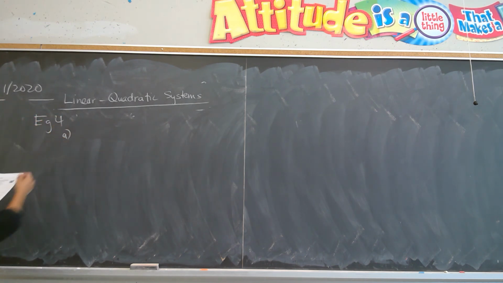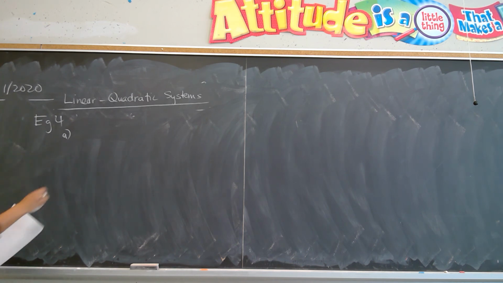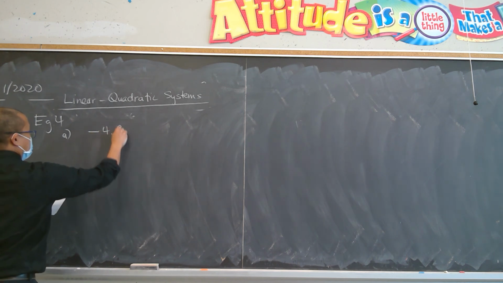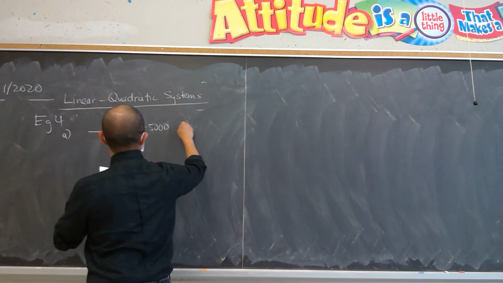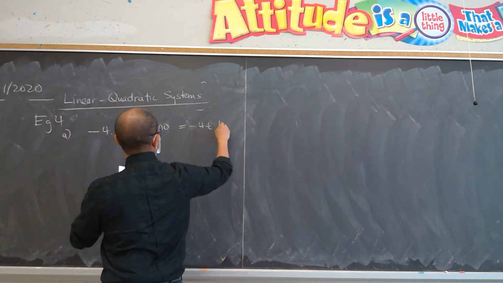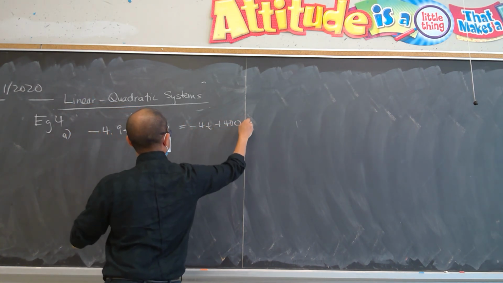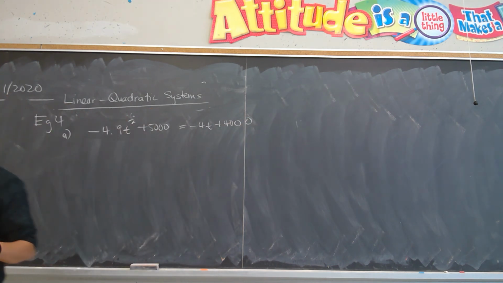Example 4a. How long after jumping did she release her parachute? Just to show you what I'm talking about, I'm basically subbing the equation for h into the other, subbing 1 into 2.